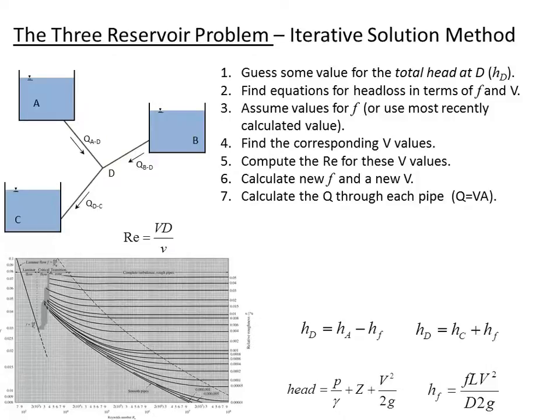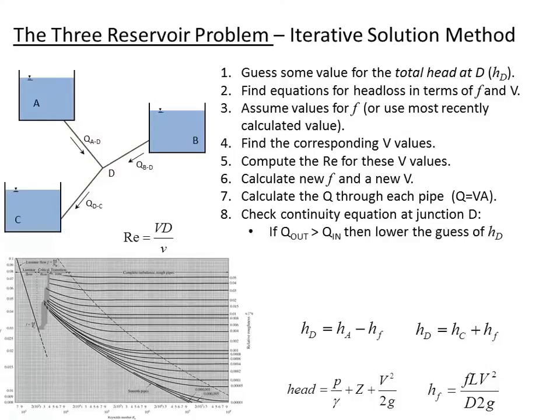We check the continuity, and if the flow rate out of the junction is greater than the flow rate in, what that means is that the guess of how much head is here is too high. Because if the amount of head at D is too high, that's going to be sending water really fast towards C. There would be a big driving force.